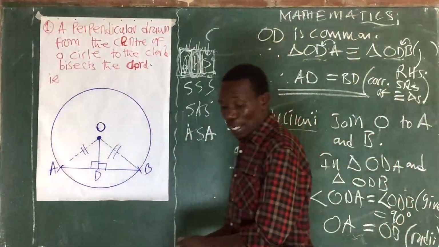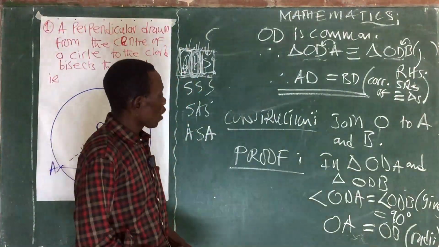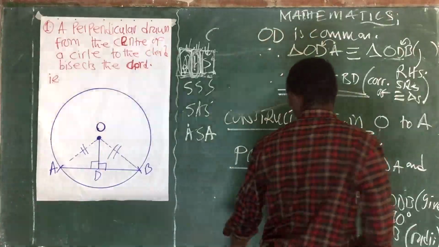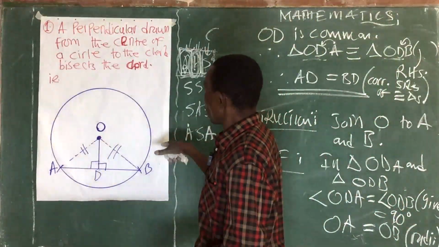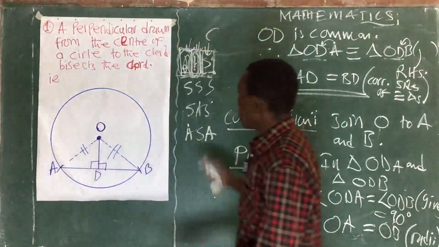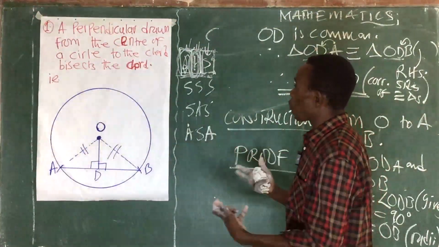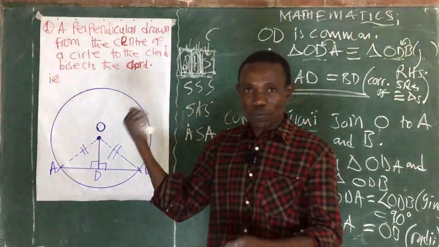Right. Now, what else should we know? The other concept that we need to know here is the converse of this. Like here, when we say a perpendicular drawn from the center of the circle to the chord bisects the chord, then it means the opposite is true, which is the converse of this.